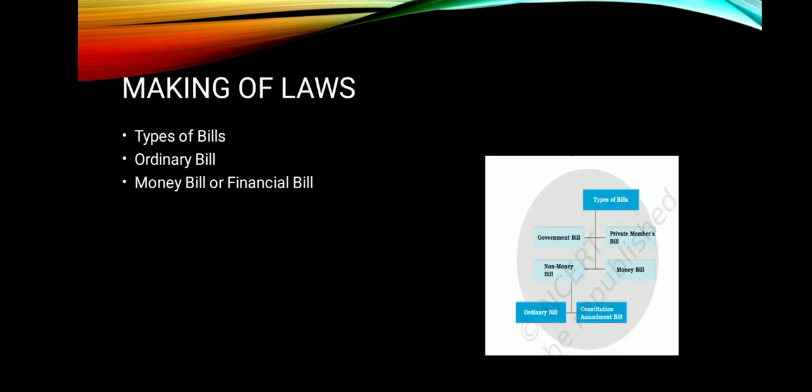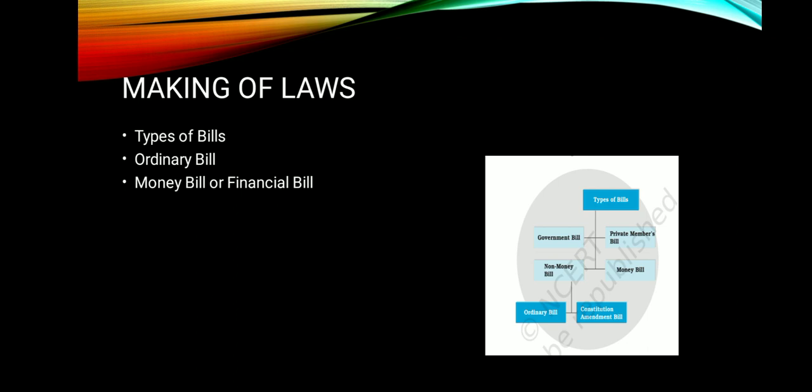Now, as we have discussed, the main function of the parliament is to make laws for the nation. Before becoming a law, any draft that the government wants to introduce in the parliament is called a bill.